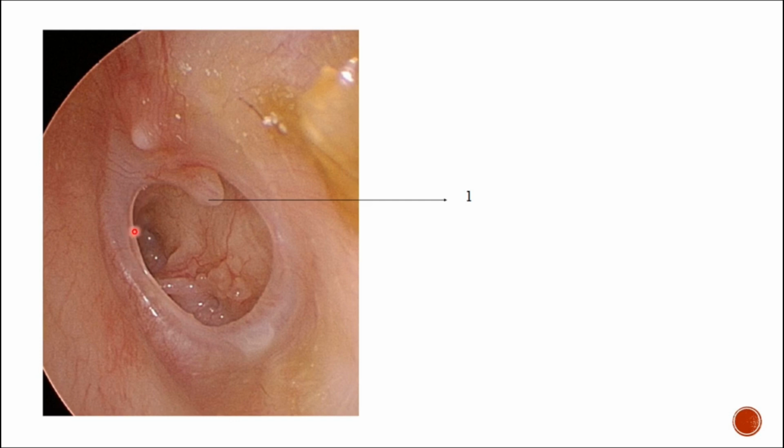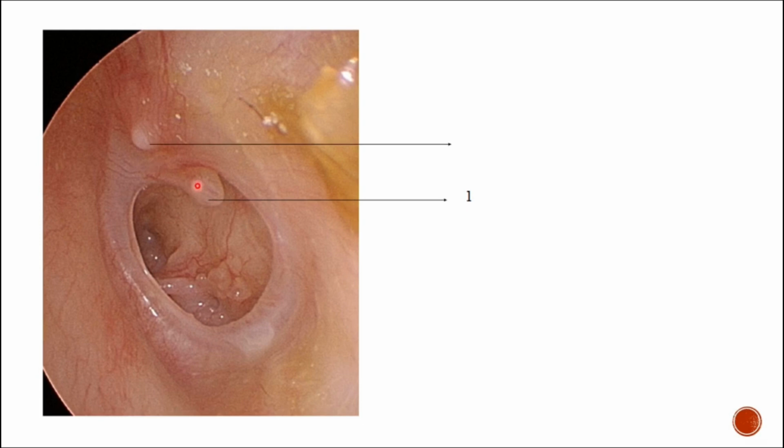It is epithelialized. That is, the outer layer and the inner layer both have merged here, and it has healed fully. Because of this epithelialization, there is no scope for this tympanic membrane to heal on its own. Through the perforation you can see the middle ear structures. And what is marked here as 1 is nothing but the handle of malleus.